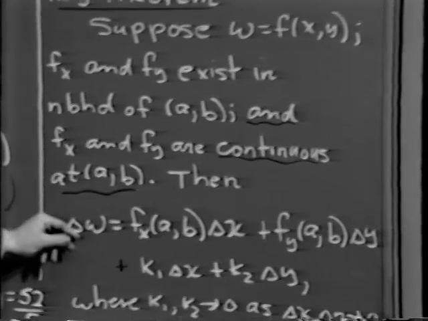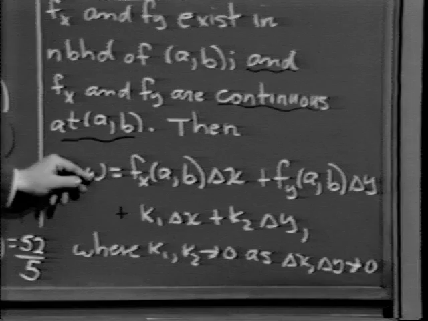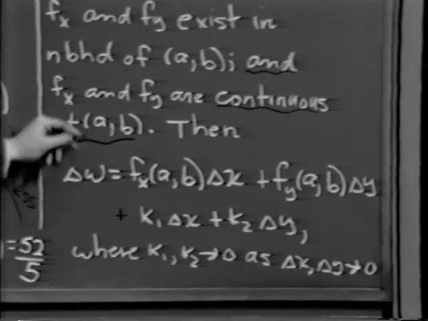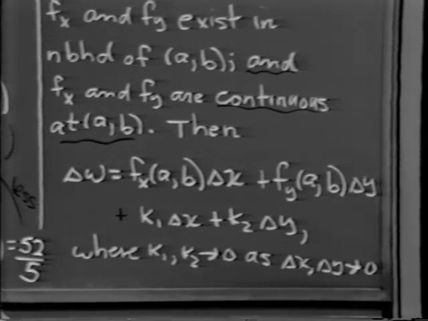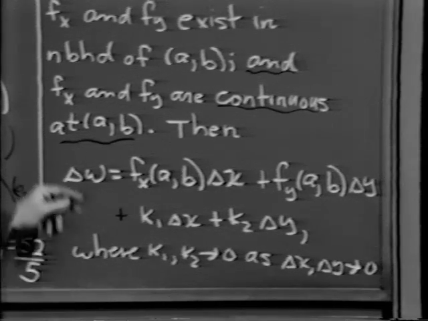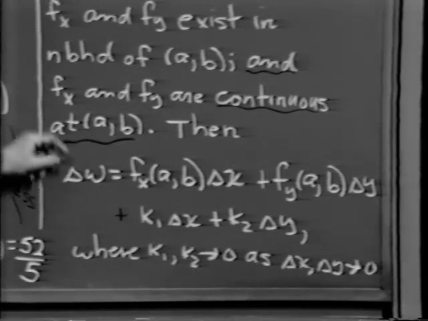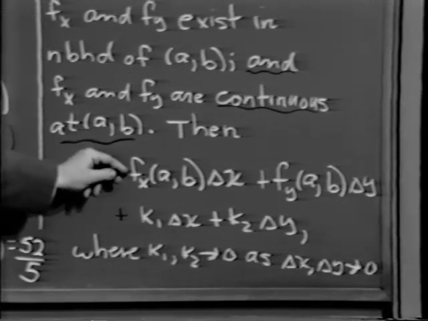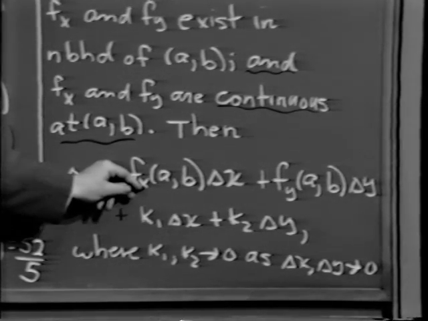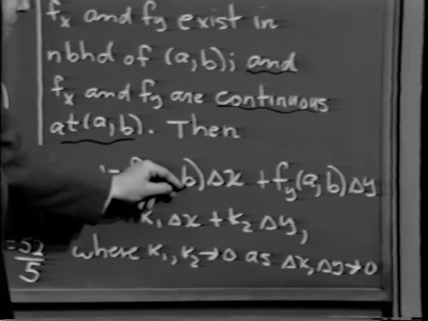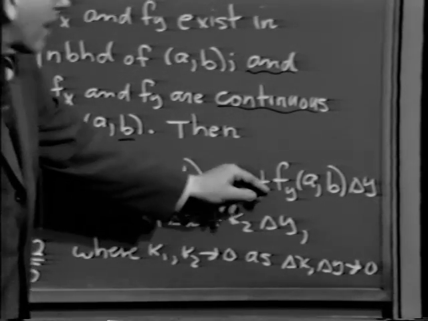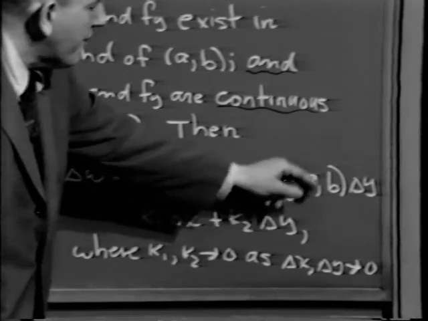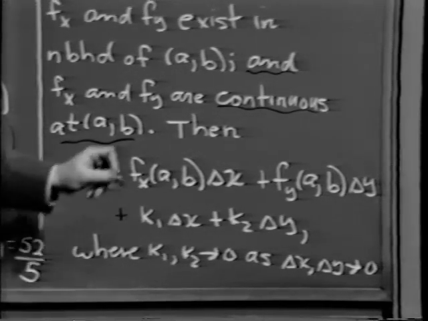The key theorem says, just like with one variable, if these conditions are met, then there is a very reasonable approximation to delta W by delta W tan. Namely, what the theorem says is, in this case, delta W will be the partial of f with respect to x evaluated at (a, b) times delta x, plus the partial of f with respect to y evaluated at (a, b) times delta y.